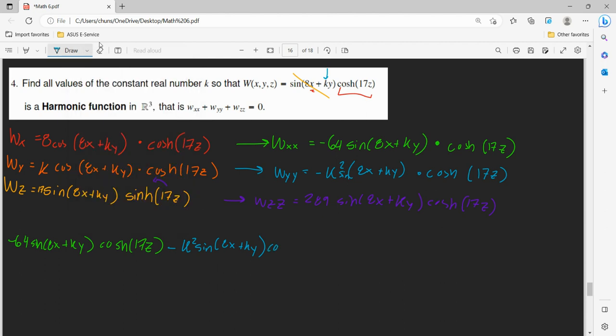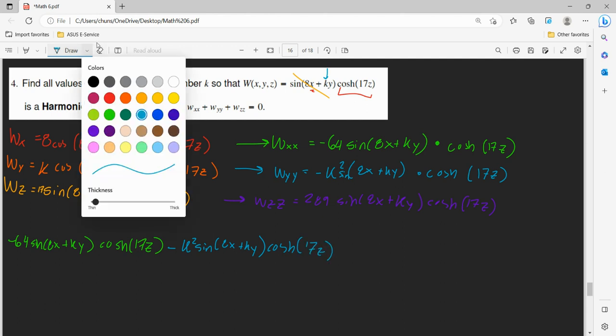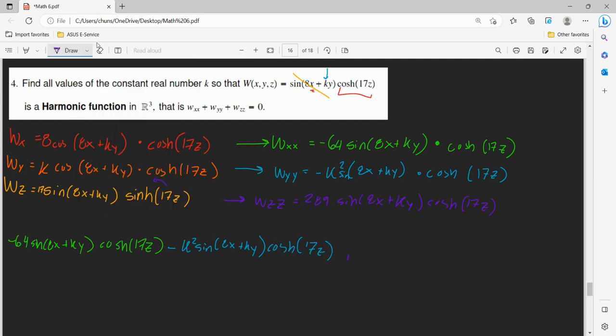I'm not done, sorry. And in our purple, we have plus 289 sine 8x plus ky equals 0.